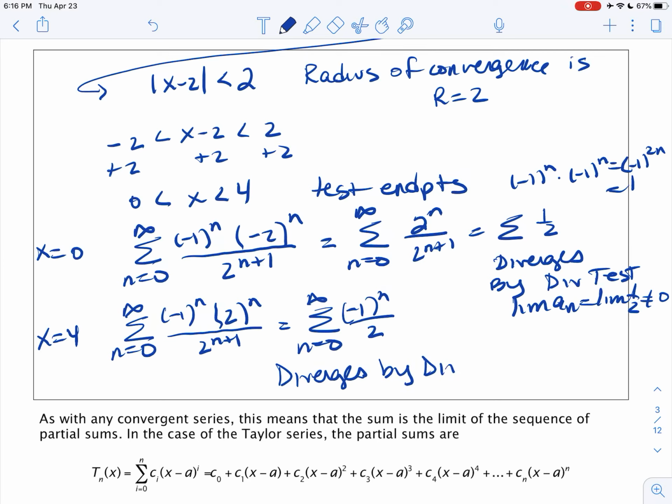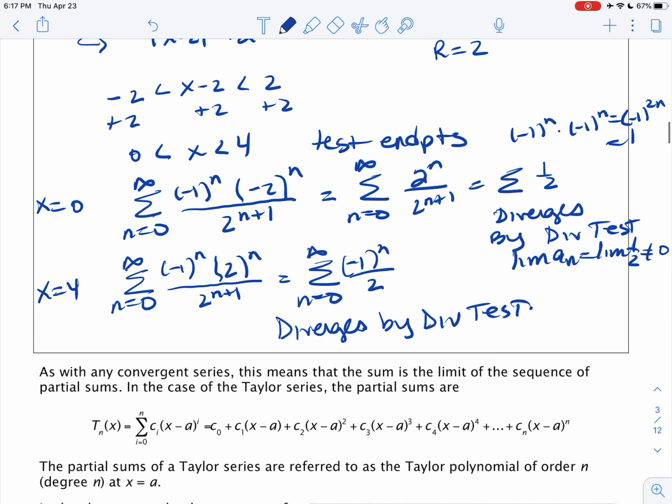And that's also going to diverge by the divergence test, because my limit of the a sub n's is going to go to plus or minus 1/2, and that limit does not exist. And since that limit does not exist and the a sub n's are not going to 0, it diverges by the divergence test.